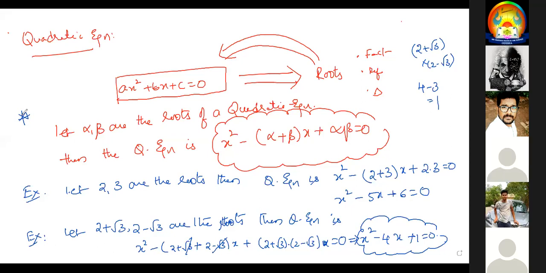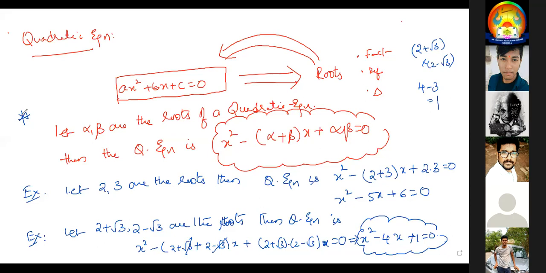We'll give some time. Others also should copy. Please guys copy. Let alpha comma beta are the roots of the quadratic equation, then the quadratic equation is x square minus (alpha plus beta) into x plus alpha beta equal to 0.